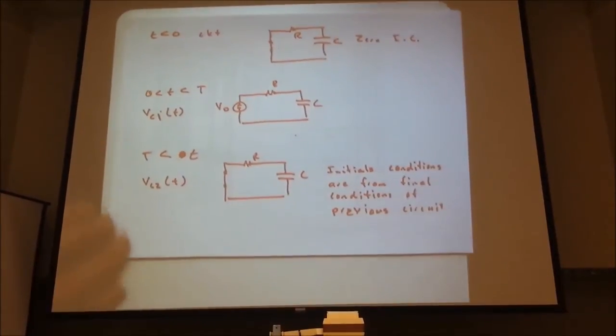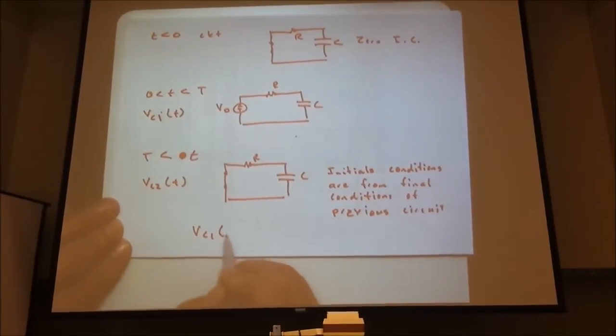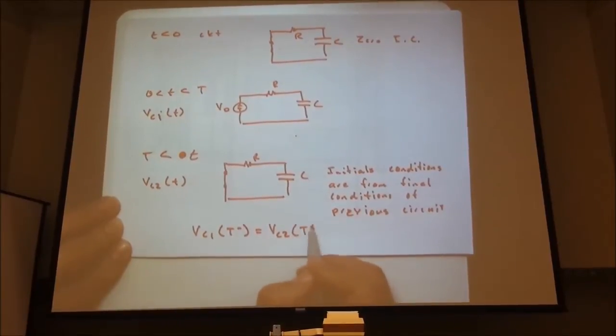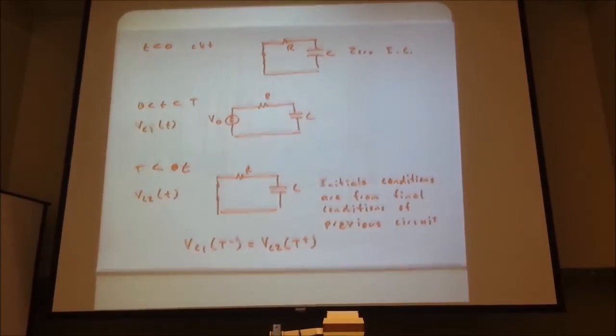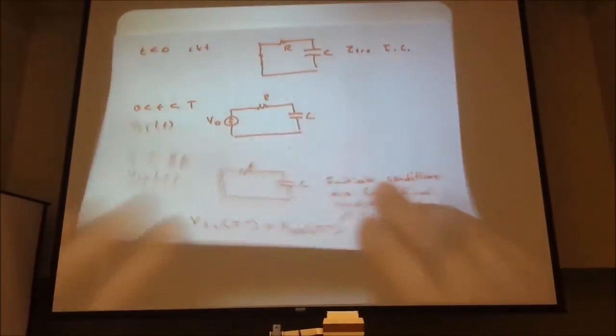So what does that mean for us? Well, VC1 of T minus equals VC2 of T plus. Right? So our different expressions still have to have continuity. You have to have continuity of the terms. And that's a big deal. So, well, in general, for this problem, let me go ahead.